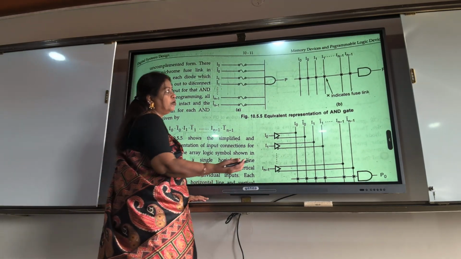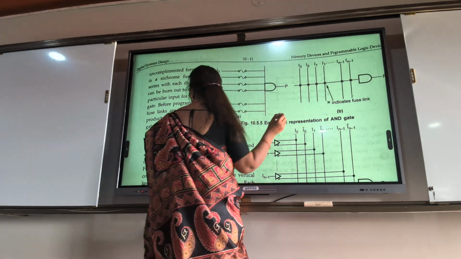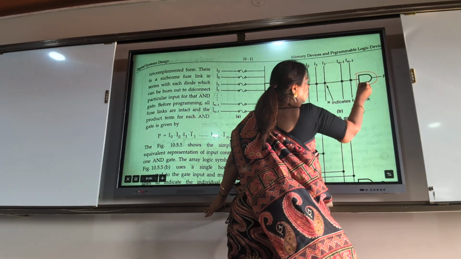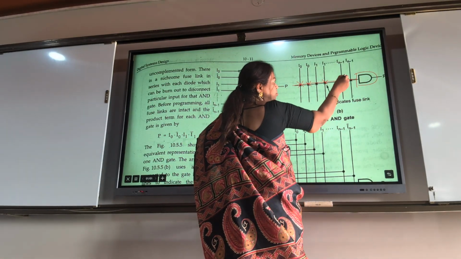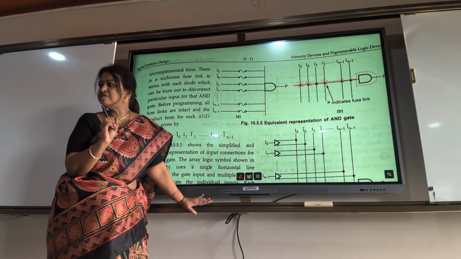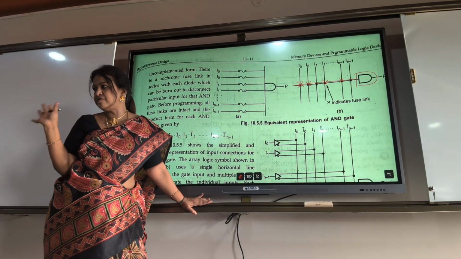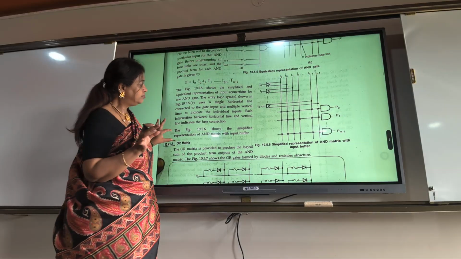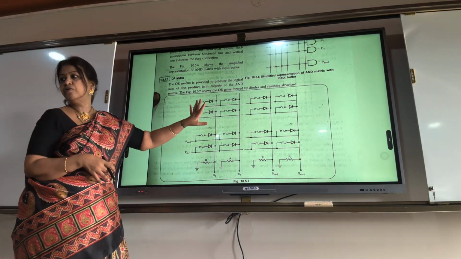In our problem, how we will represent this from 1 up to 8, we will draw one line and then give connections wherever you want by putting a cross mark. This is equivalent to keeping the fuse. If you don't put a cross mark, that means you are blowing the fuse. The problem we will do. The OR matrix will look like this.